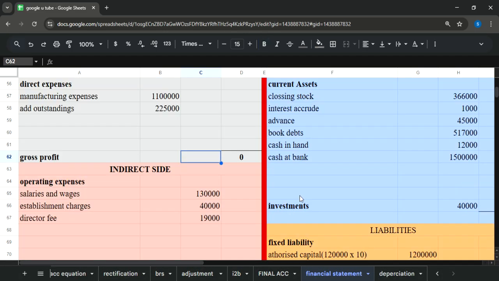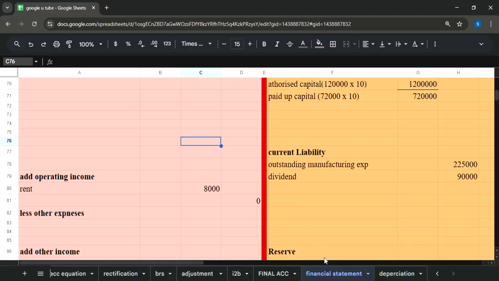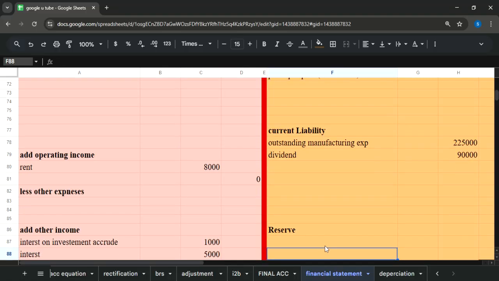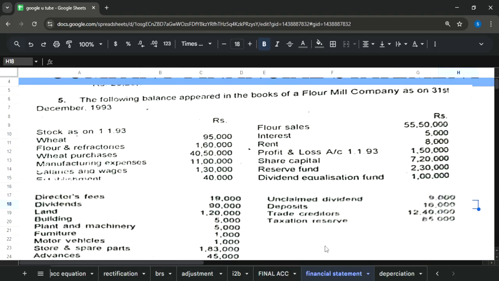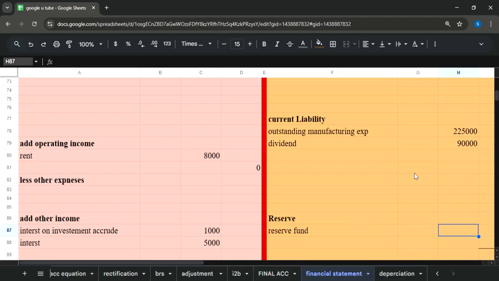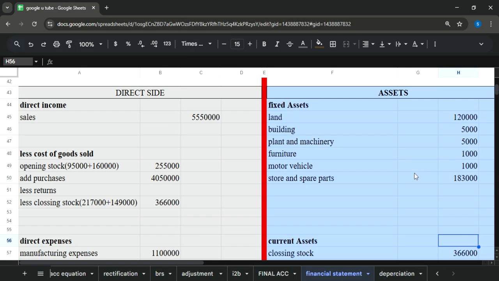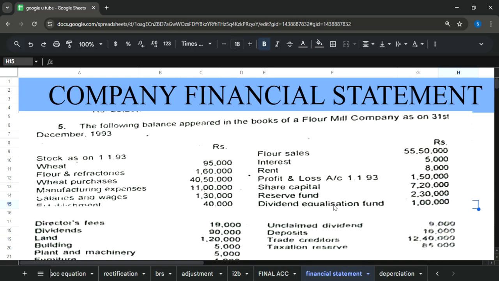We'll go to liability side and this is place for reserves, and here we will mention reserve fund. Amount of reserve fund is 230,000. Just write down 230,000.